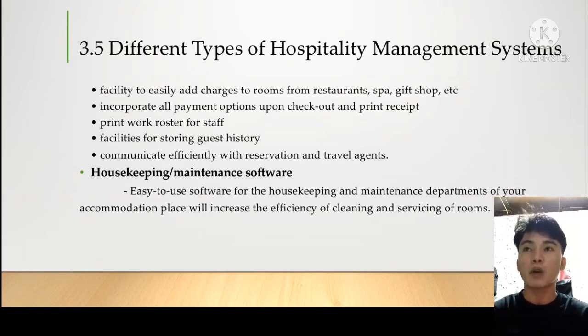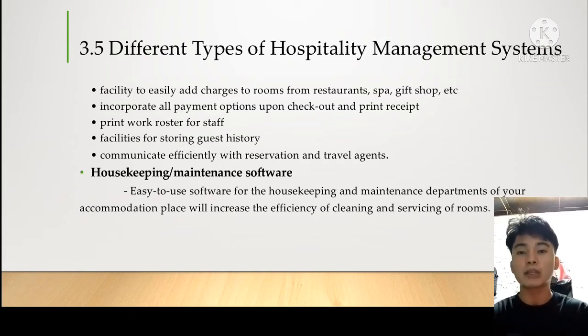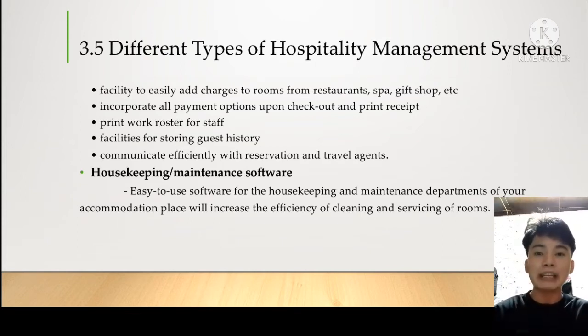It is also clear for them to have this receipt, enabling them to have a clarification of what they spent. So, facilities for storing guest history, of course, it is important. Communicate efficiently with reservations and travel agents. So of course that's all.